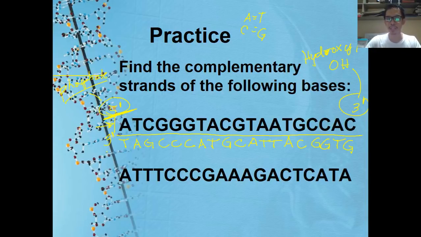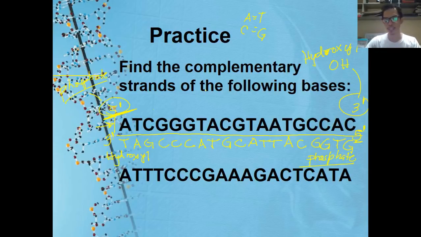Meaning to say, the hydroxyl group is on this side, the OH, and on the other side it should have the 5 prime. This side is the phosphate side, which contains the end part with the phosphate group. So again, 5 to 3, 3 to 5.